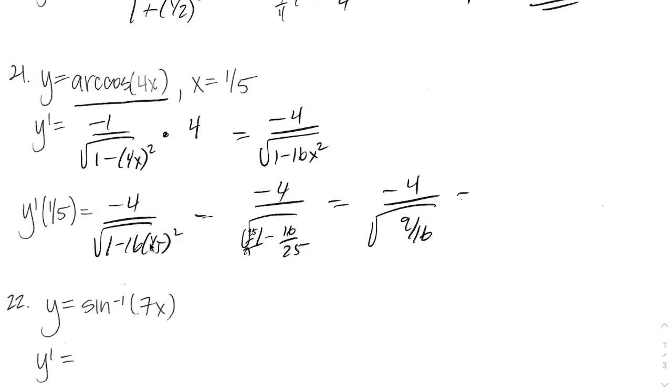We've been here before. So I get negative 4 over square root of 3 over 4. And then again, this is like a divide sign. So it's like negative 4 divided by 3/4, which is negative 4 times the reciprocal. It helps to put over 1 sometimes. So this is 4 times 4, so 16. So I get negative 16 over 3.